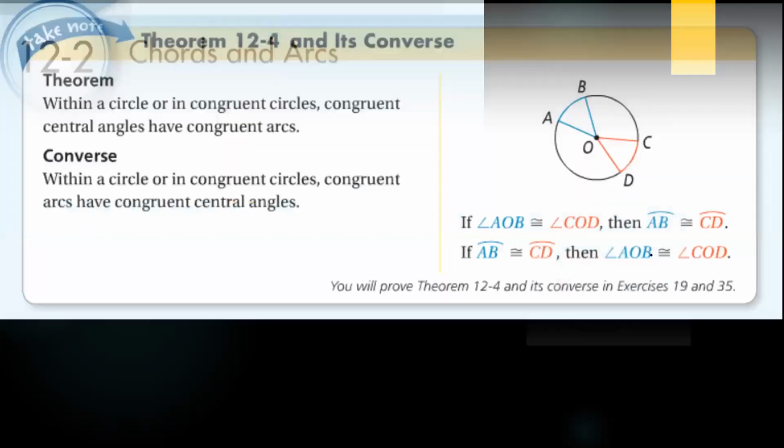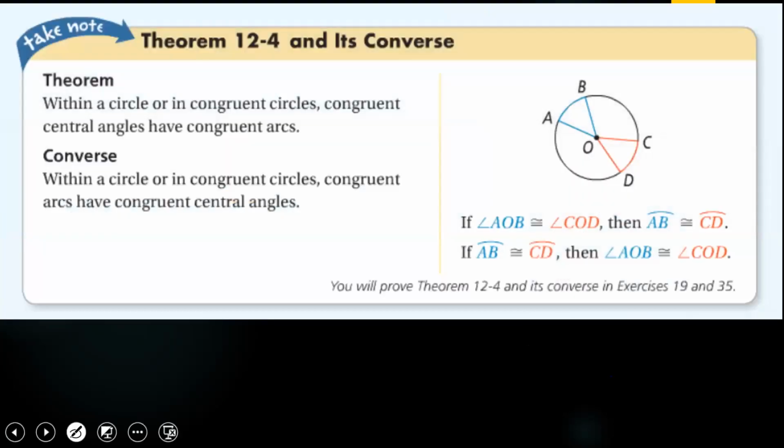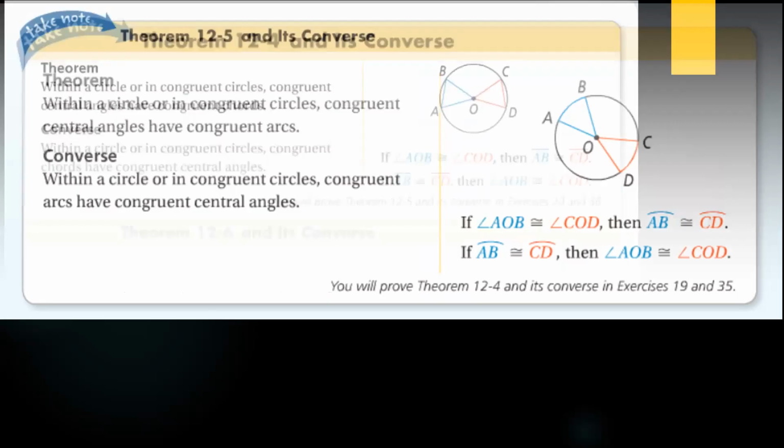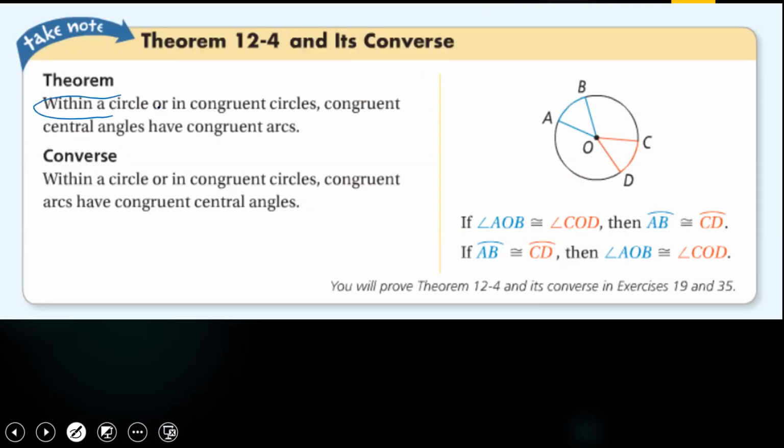Now let's see our new theorem here. Within a same circle or in two congruent circles, the congruent central angles have congruent arcs.